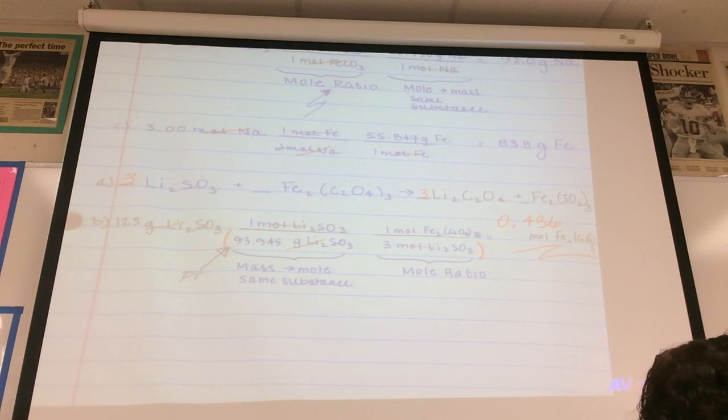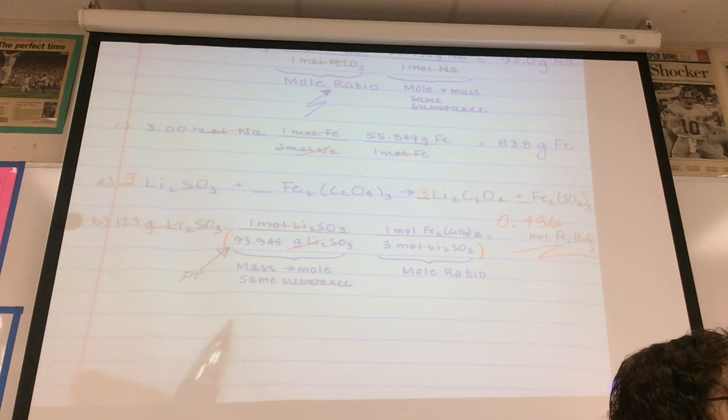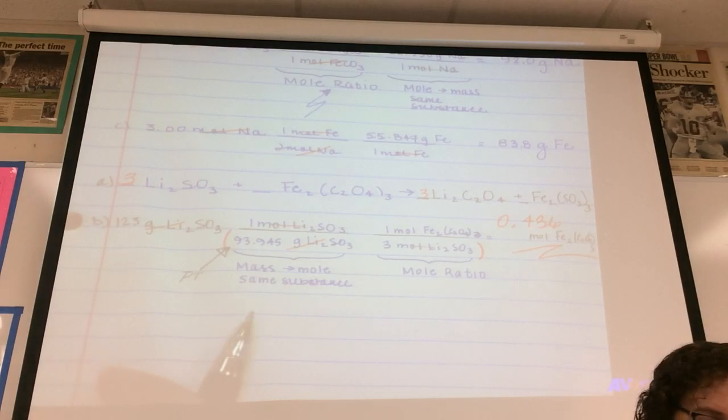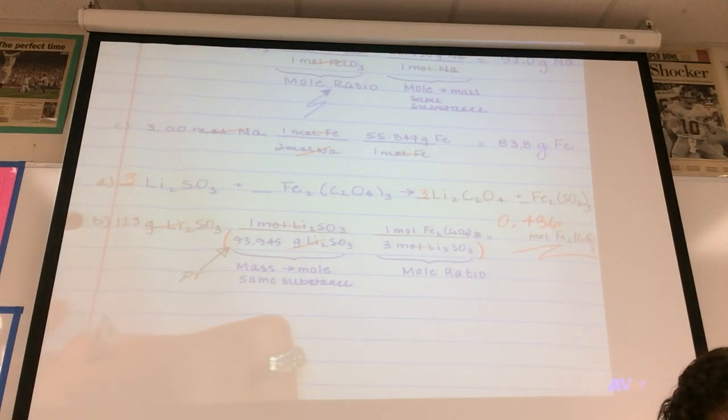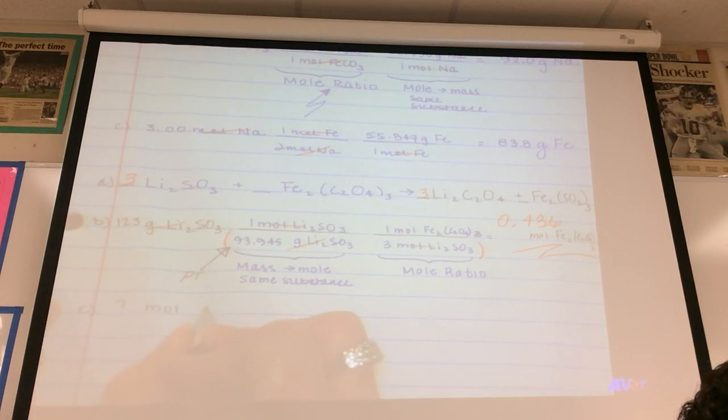Let's try and set up C, and you'll give it a shot. It says how many moles of each product. So this is a little trickier. They're asking for 2 pieces. They want to know in C moles of both products.